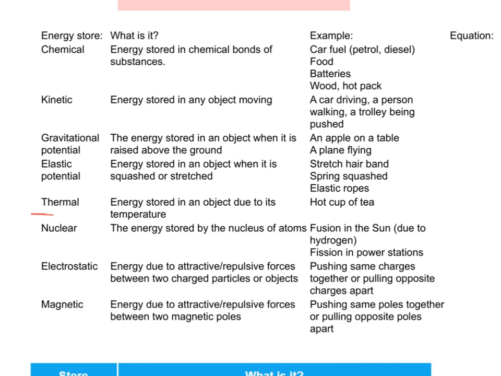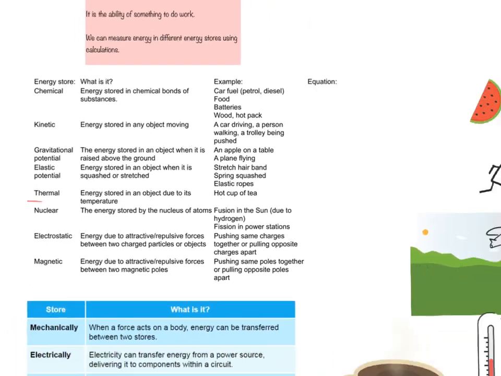Batteries, the same thing, they release energy through chemical reactions. Wood, the same thing. A piece of wood just sitting there will look like it has no energy, but in reality, if I heat it, so if I alter the chemical bonds within the wood, it will start burning and releasing energy. And hot packs as well work the same way for those people that are into sports.